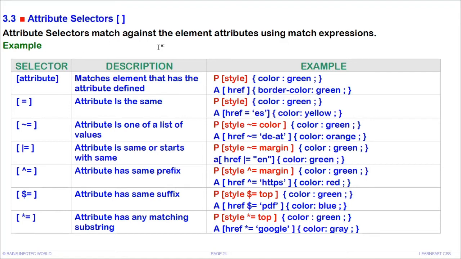Attribute selectors match against the element attributes using match expressions. For example, if we just want to match an attribute like href, then we can put the attribute name in square brackets. So if we want to match the style attribute, we can say P for paragraph, square brackets, any paragraph that contains a style attribute.